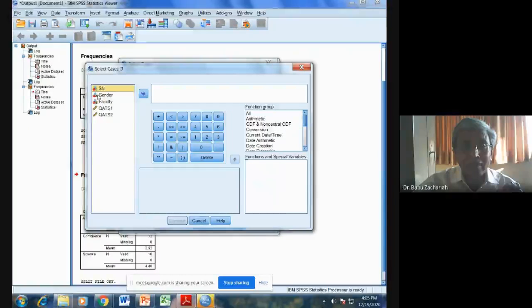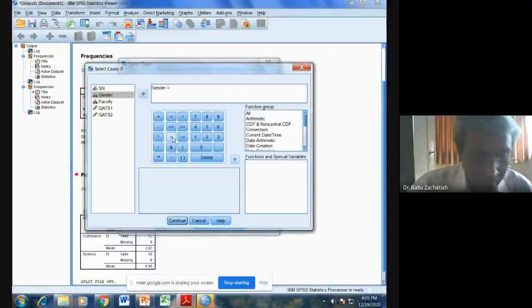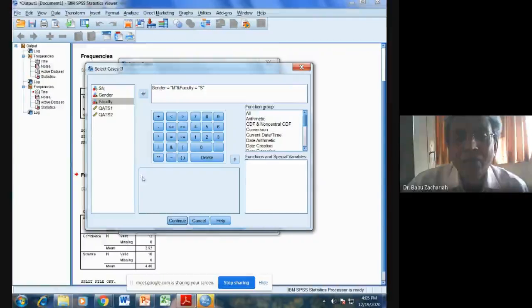So gender should be equal to male, within double quotes capital M, and faculty should be equal to within double quotes S, science. Here we are putting two conditions, so there is an and in between.